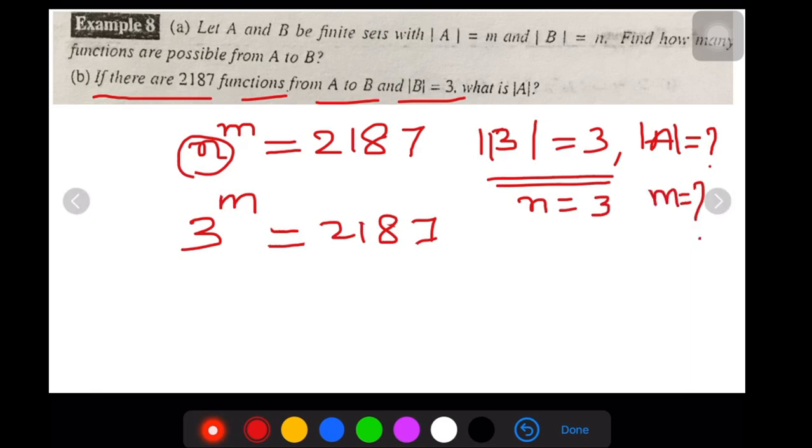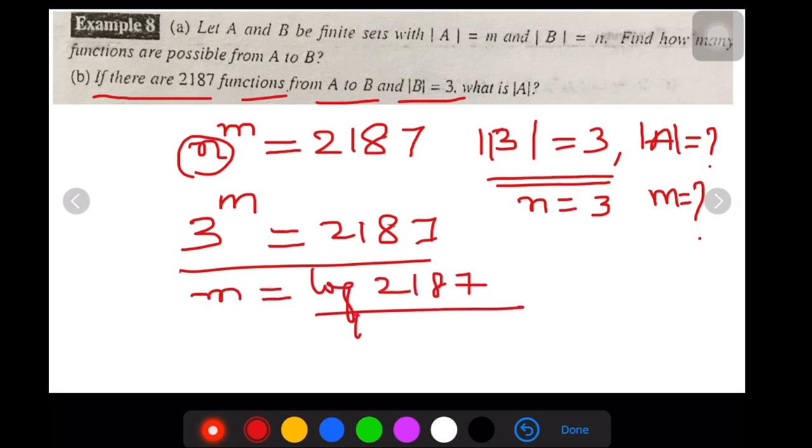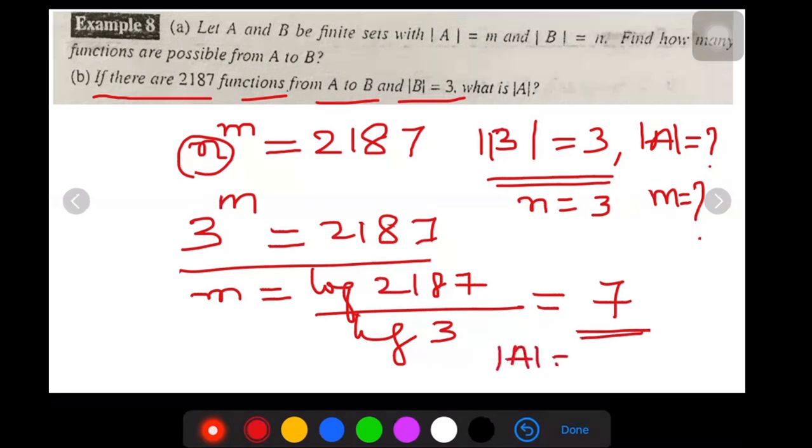To simplify this, you should apply log. When you apply log, it becomes m equals log 2187 by log 3. When you simplify this, you get approximately 7. Therefore, mod A is equal to m is equal to 7. This is the answer for the second sub question, mod A.